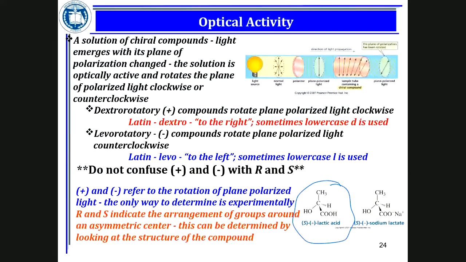Sometimes you get this as a multiple choice question: this rotation must be determined experimentally. You can't look at the structure and say because it's S, it must be negative, because we do have an example of S lactic acid that rotates the light in the right direction, clockwise, and it's positive. And then you have sodium lactate with the S enantiomer that gives the negative. So negative and positive is determined experimentally. S and R is determined based on the structure of the compound.